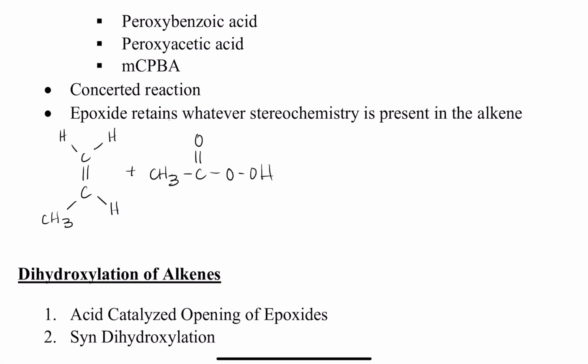So what's going to happen is this oxygen that's bonded to the hydrogen is what's going to form our epoxide. And I need to draw my arrow from the bond between my oxygen and hydrogen to my double bond, and then from my double bond to my oxygen.